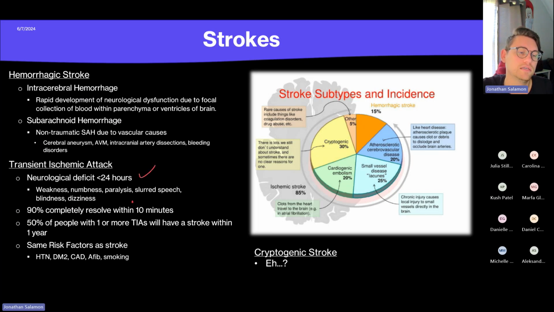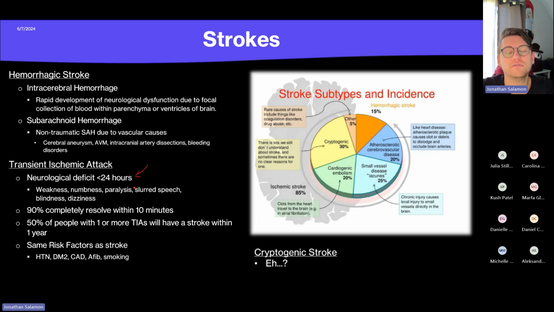It's hard to diagnose these. Especially since, like it says here, they resolve super quickly. But the important thing, and the reason we should do a better job of diagnosing these, is that 50% of people diagnosed with a TIA, so this is probably higher than the actual number, will have a stroke within a year of this presentation to the hospital.